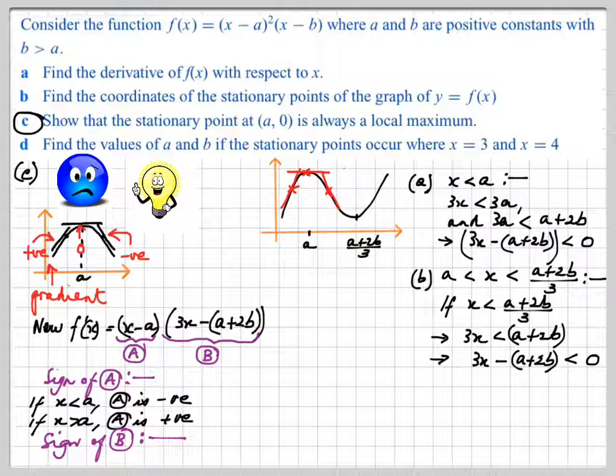Voila! It's that easy. Okay, so when x is greater than A but less than the second stationary point A plus 2B over 3, then 3x minus that thing, which is the B bracket, must be negative.